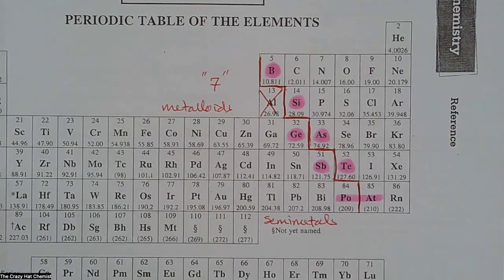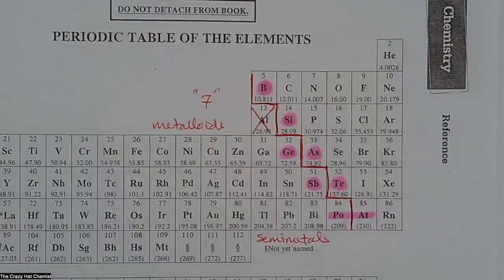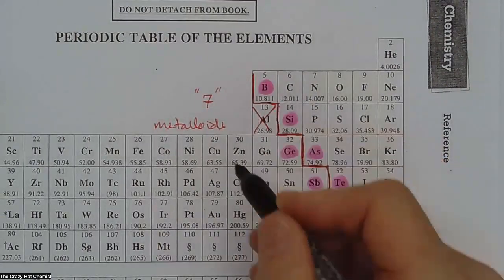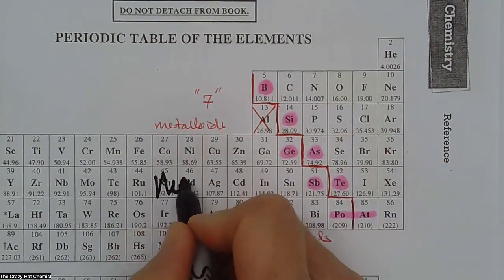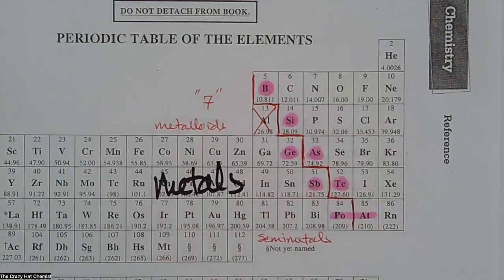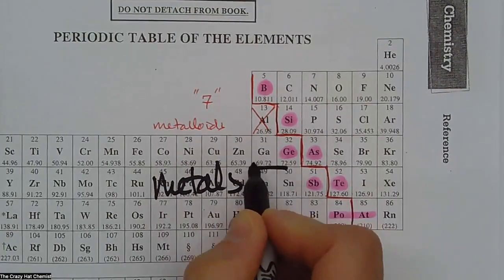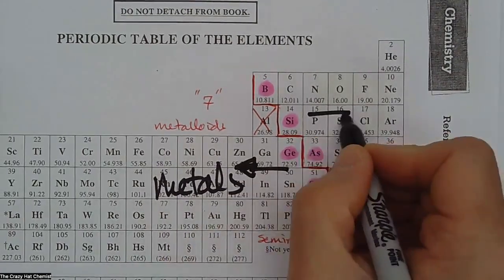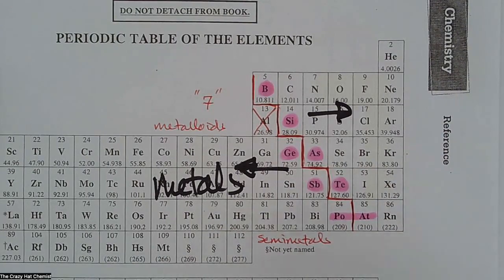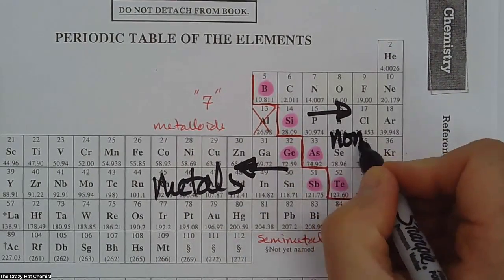That will suffice, I believe. So you should see that on the left-hand side of this staircase line are the metals. On the right-hand side of this staircase line are the nonmetals.